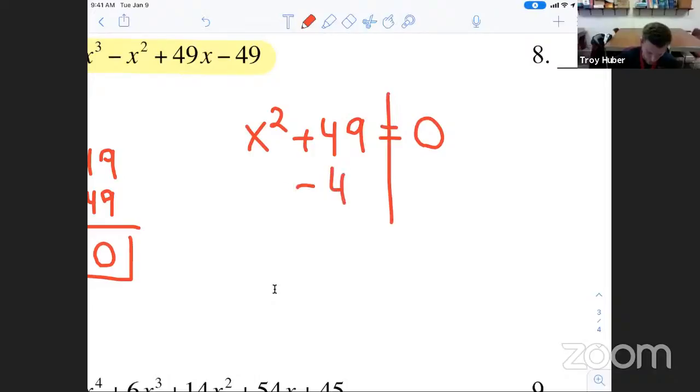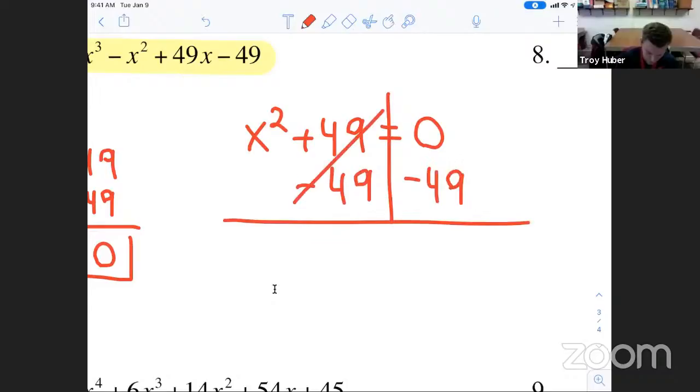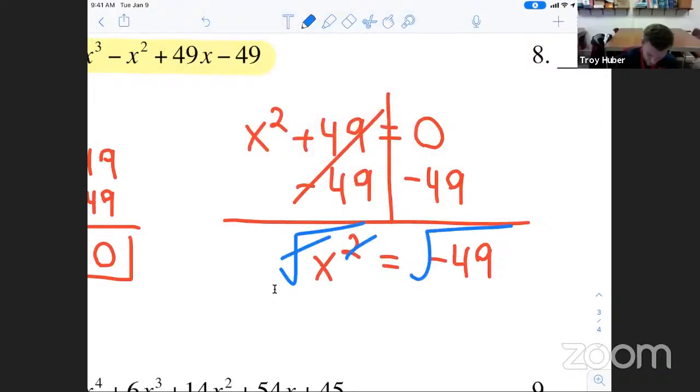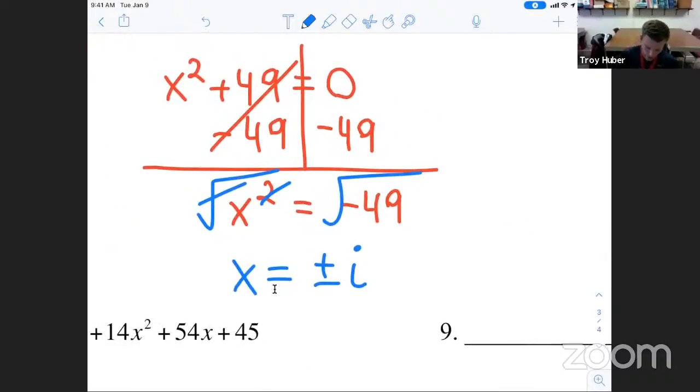So I can subtract 49 on either side. So I get x squared is equal to negative 49. And now we want the square root to cancel out that squared. So I get x is equal to plus or minus. It's the square root of a negative. So remember that's imaginary, i. And the square root of 49 is 7. So you either write it like that, but usually you write your 7 and then your i.